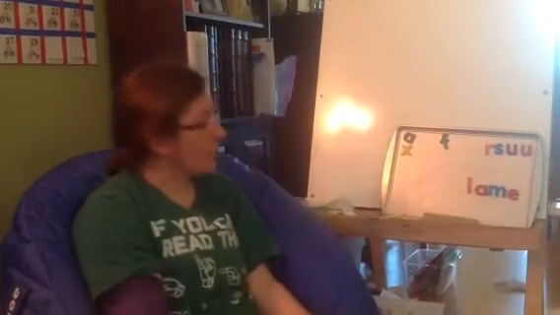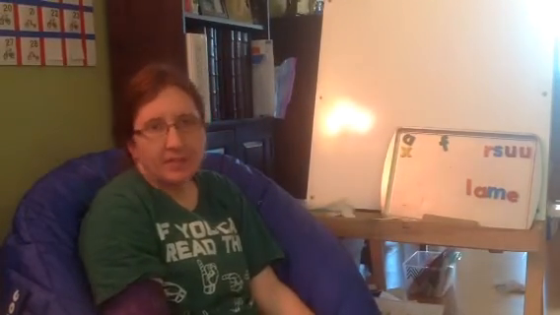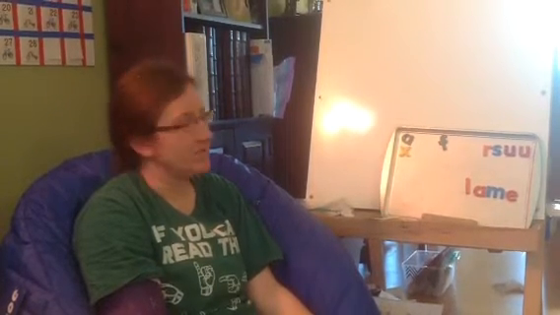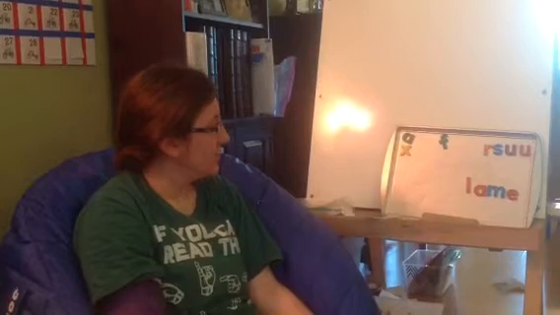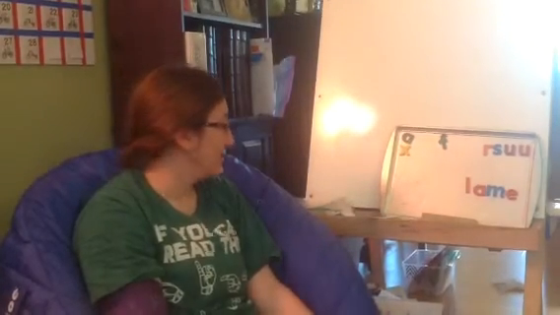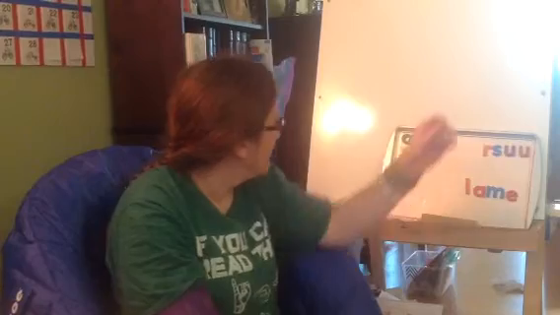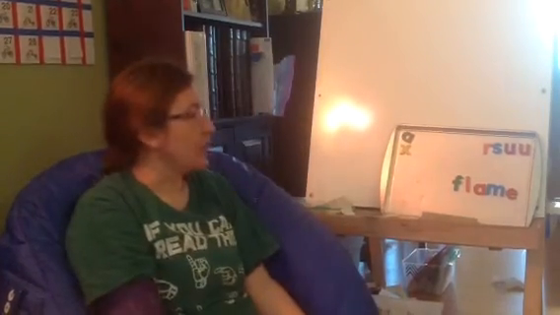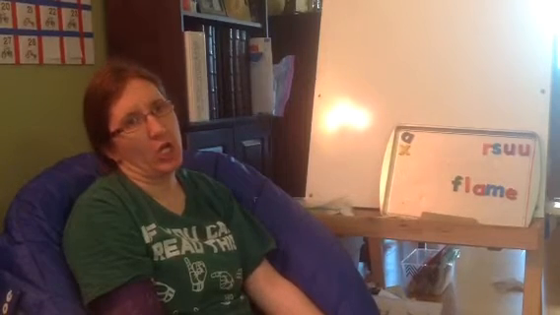Then I'm going to switch my S to an L to make the word lame. Sometimes we call an animal lame if they have like a leg that doesn't work. If you don't have lame, add it to your list. Then I'm going to add an F to the beginning to make the word flame, which is another word for fire.